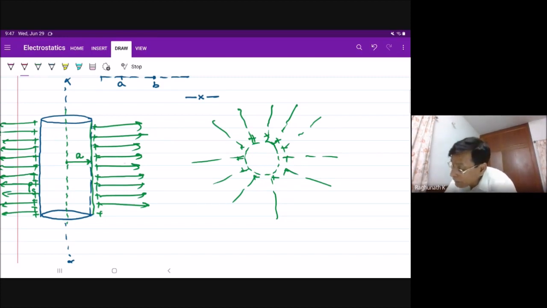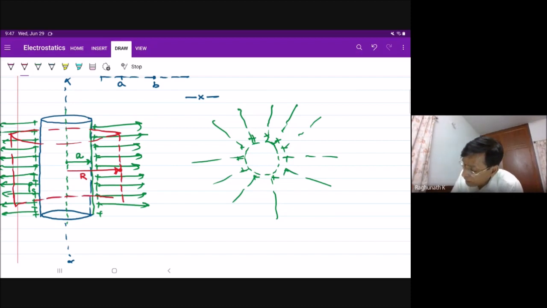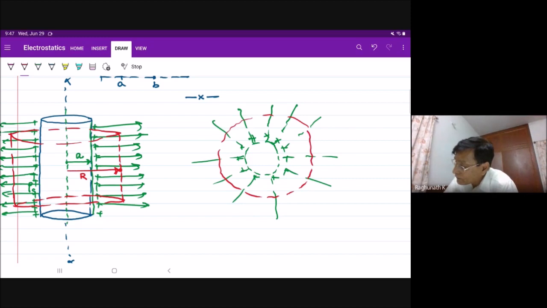If I want to determine the field at a point which is at a distance r from the axis of the cylinder, I need to consider one more coaxial cylinder of radius r passing through the point of interest and length L. L can be infinity also. There is no limit. I spoke about it. From top, the top view of it will look like this, correct? It is a coaxial cylinder of radius r greater than or equal to A.